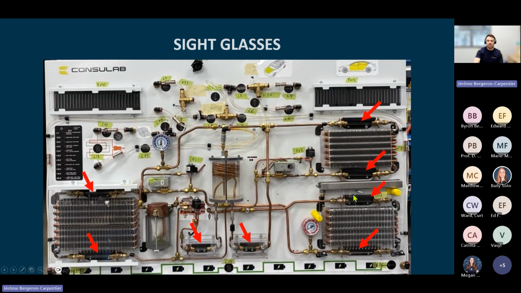Here's our evap. That's going to be our cabin condenser, so the condenser that is actually inside the cabin of the vehicle. We do have side glasses at the inlet and the outlet of the chiller. So that chiller, whatever is in use, is going to be part of our evap, so we're going to be able to see the refrigerant changing phase inside the chiller itself.